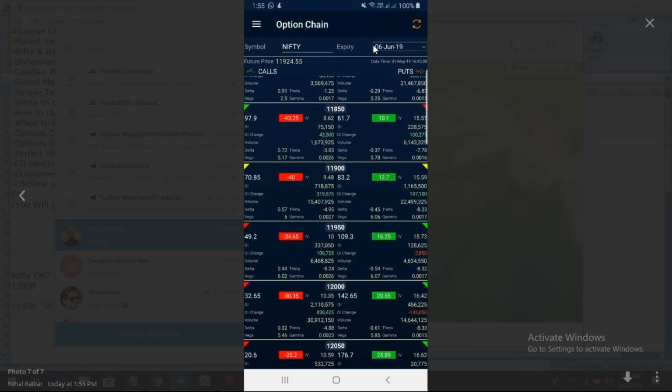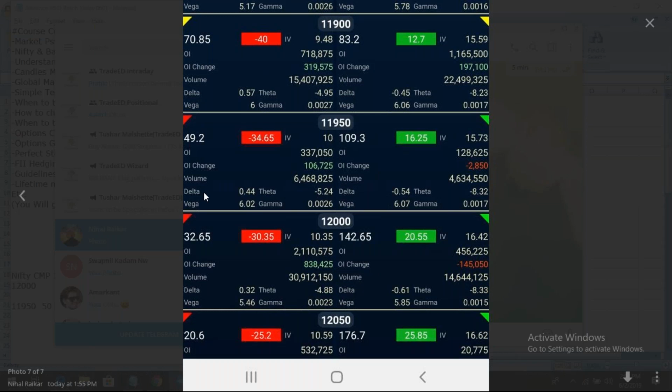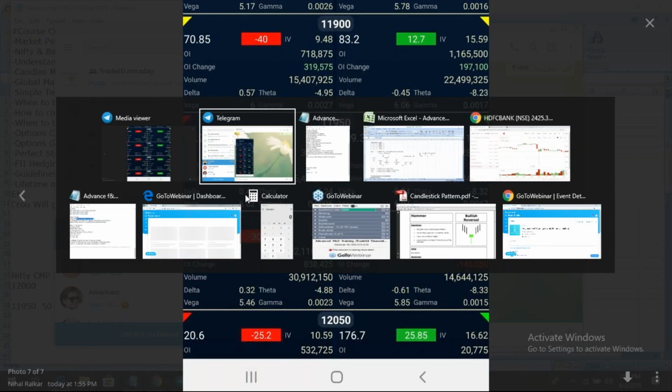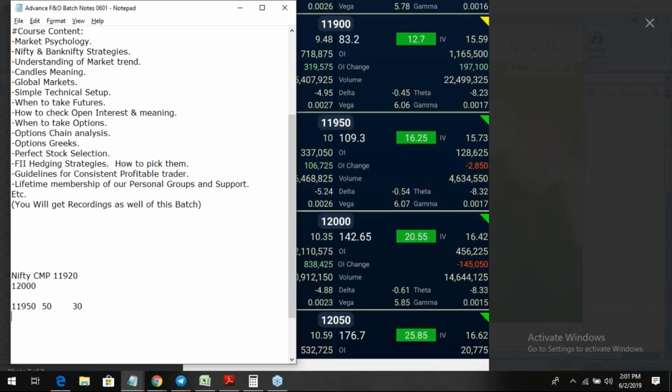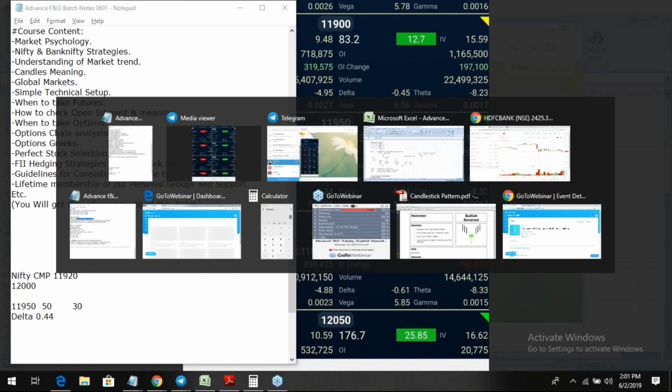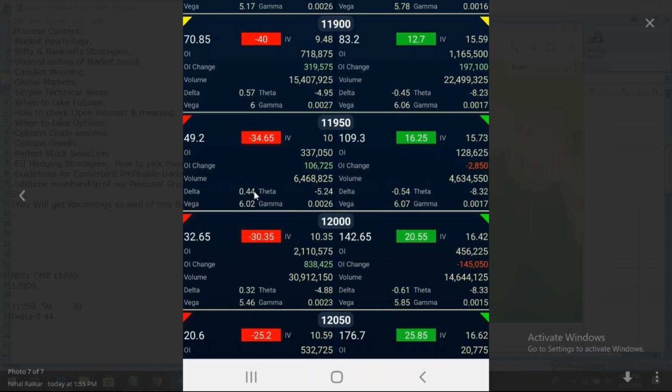You say 11,950 call will buy. What is the delta? See the delta, theta, gamma, vega, right? What is the price of delta? 11,950 delta is 0.44. Understood?